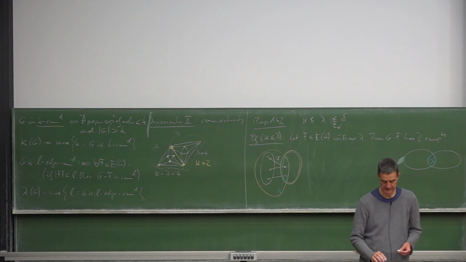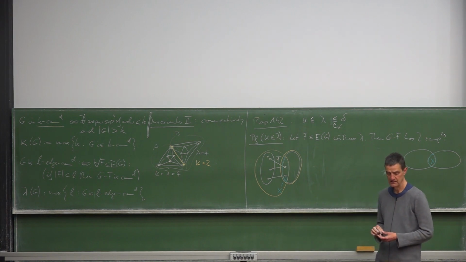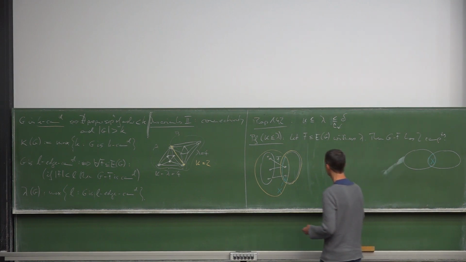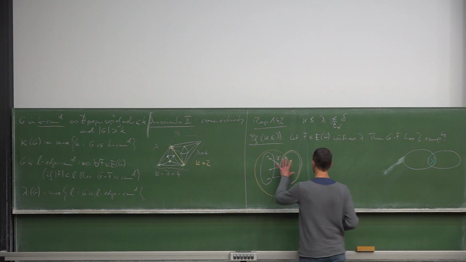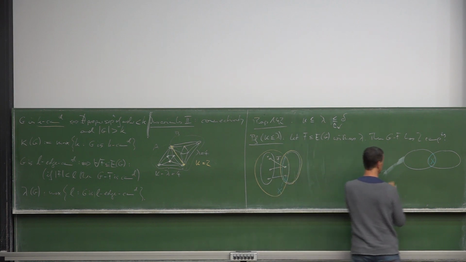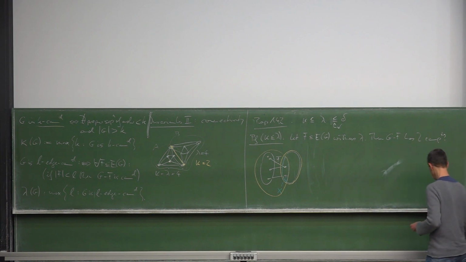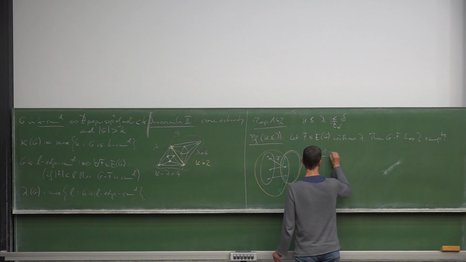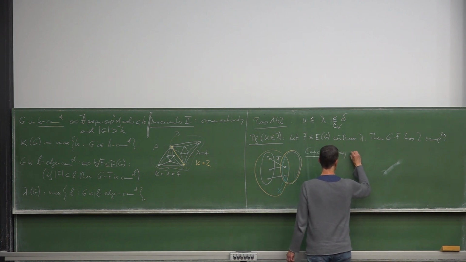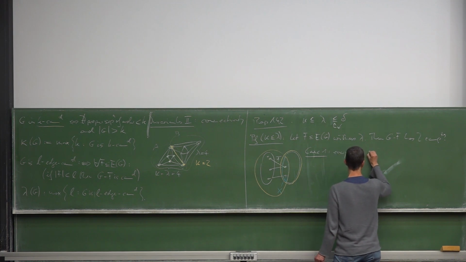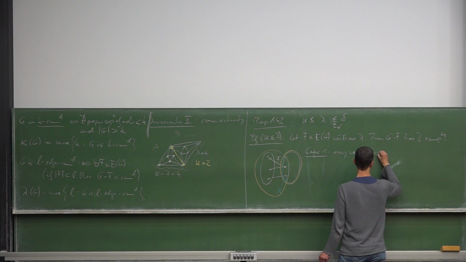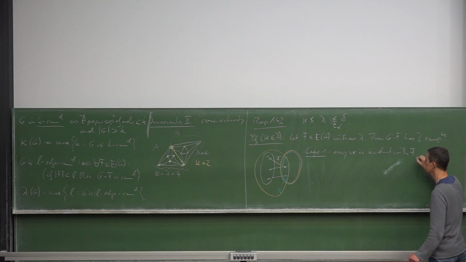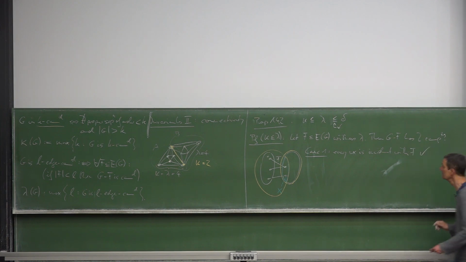Let's look at that case. Case 1: every vertex is incident with an edge in F. Whoops.